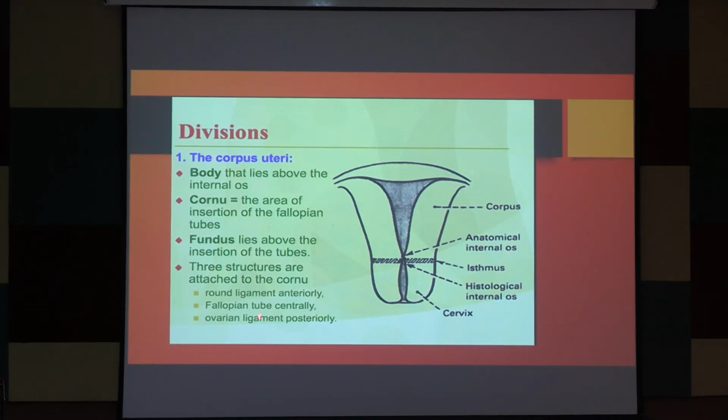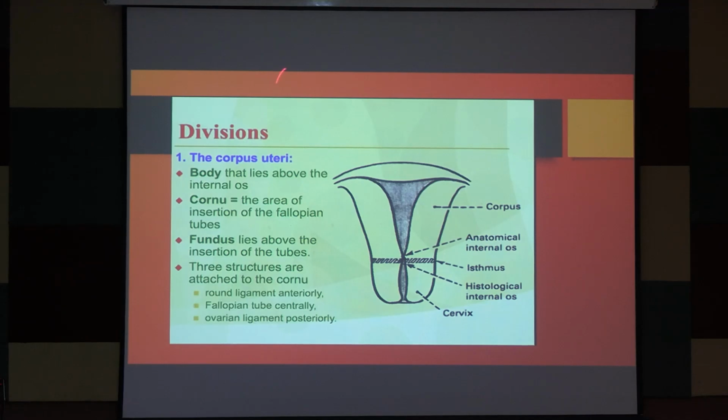It is the attachment of the round ligament. If you can identify the rounded, long structure, that is the anterior surface. And if you can identify the ovarian ligament, a ligament attached to the uterus from the ovary, then that is the posterior surface.